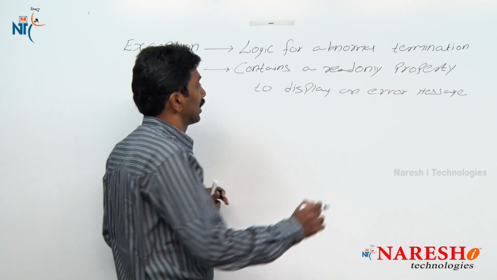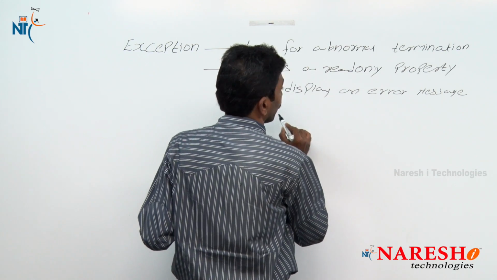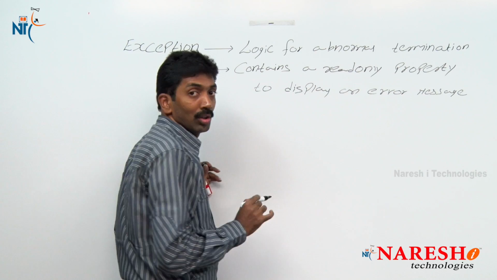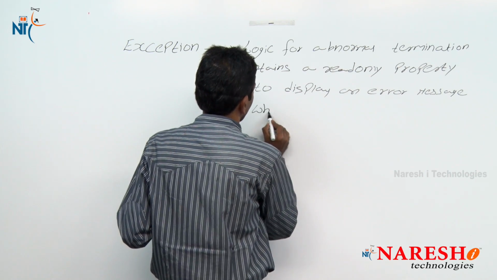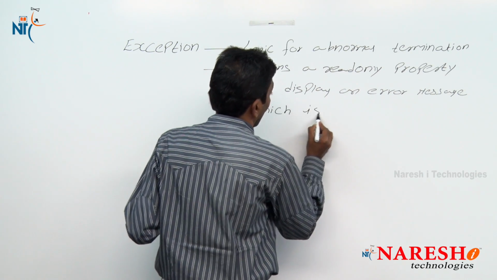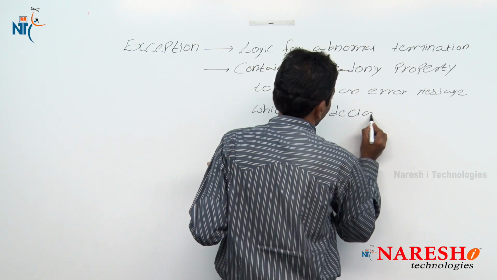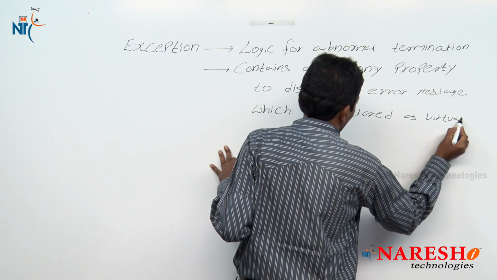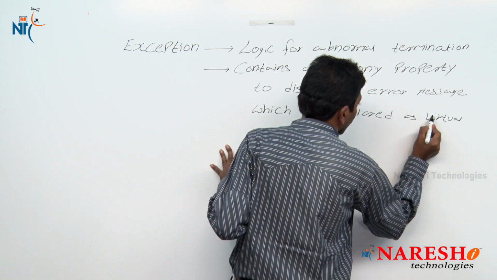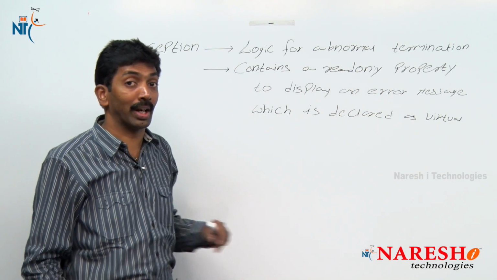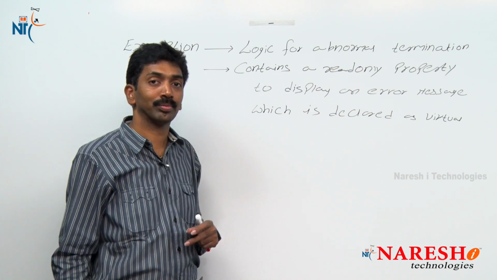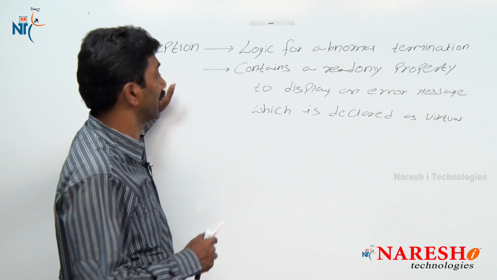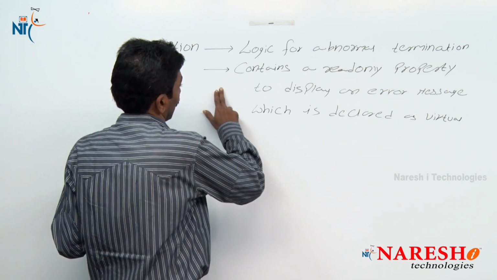And very important, this is virtual actually. A read-only property to display an error message, which is declared as virtual. Declared as virtual, what is the meaning? The child class can override this particular property now. This is how they defined a class called Exception first, and under this class what is present?